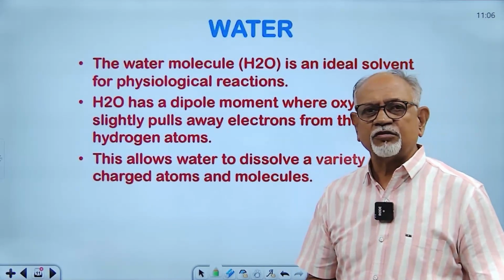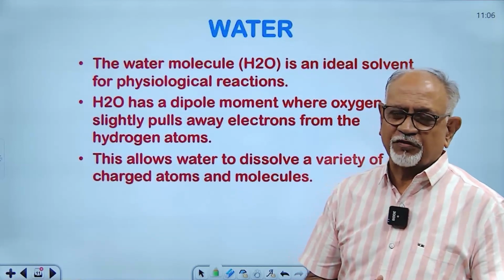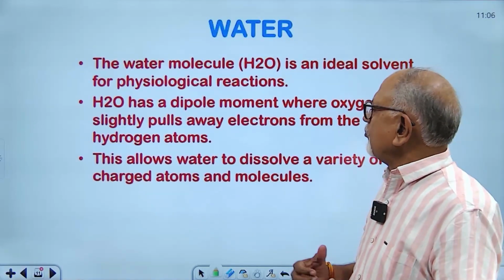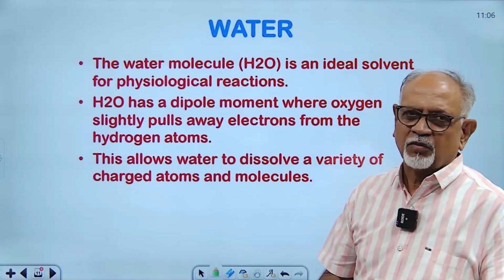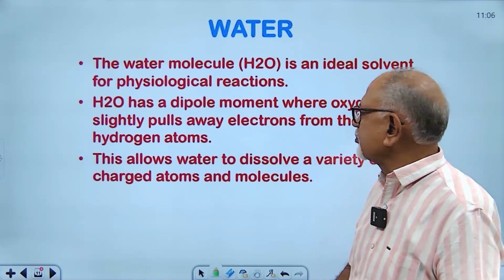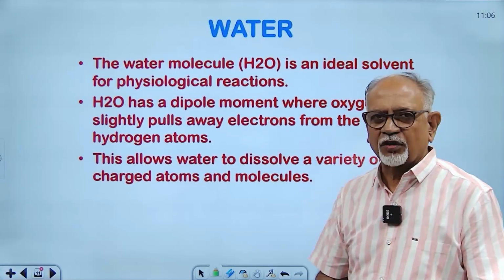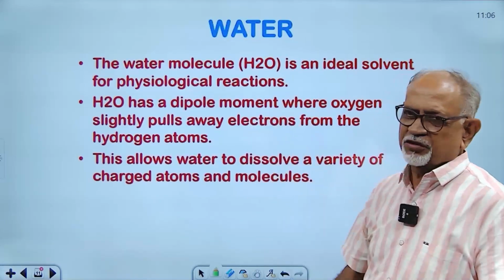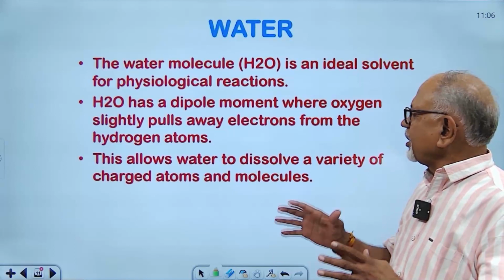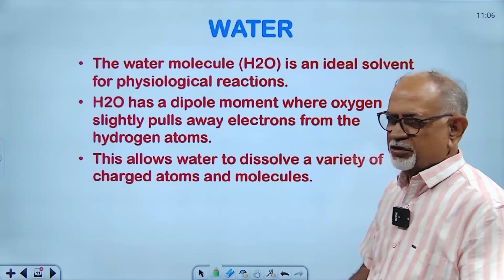Now coming on to the various constituents, the water. Water is a wonderful molecule of living beings. It is an ideal solvent for physiological reactions. Water has a dipole moment.